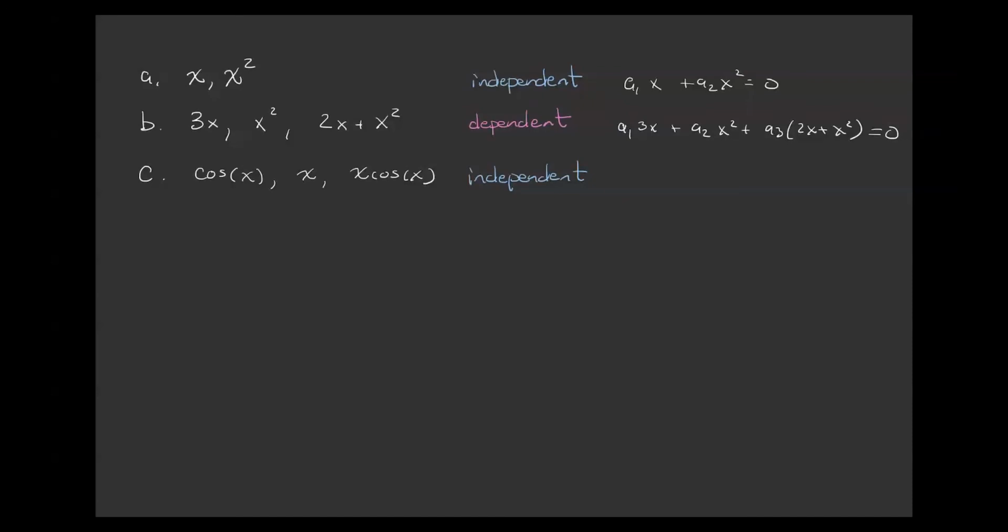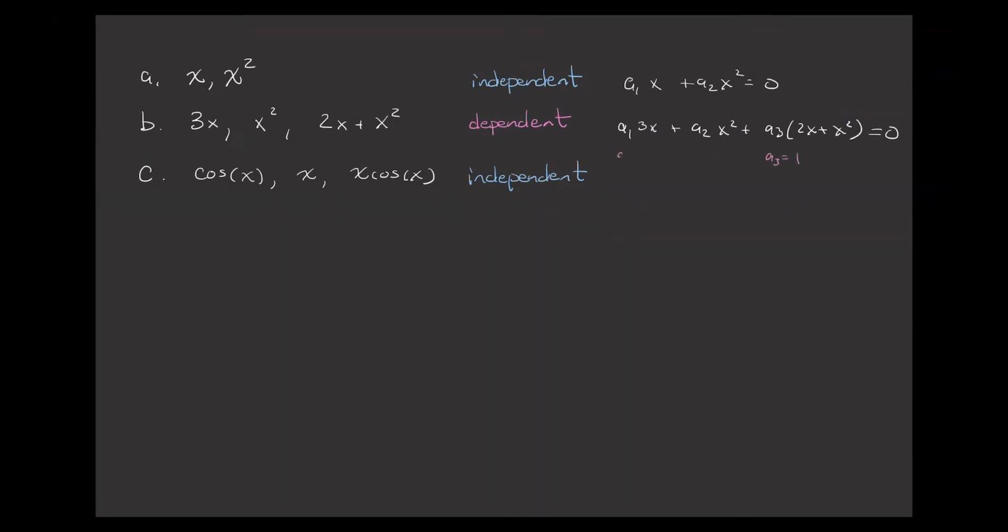Now, if we say it's going to be dependent, then what we need to be able to do is come up with an A1, A2, A3, showing that the linear combination is equal to 0, but not all the coefficients are equal to 0. So right here, I've got this set up. What should A1, A2, A3 be? Let's let A3 be 1.